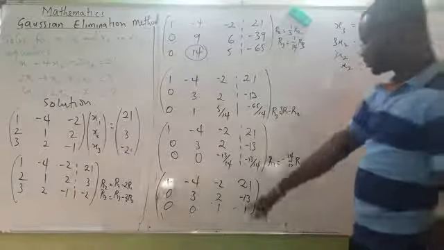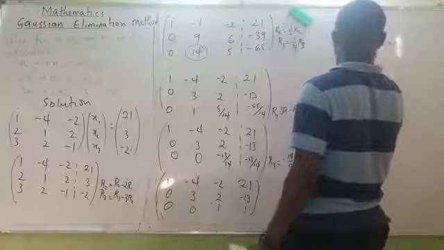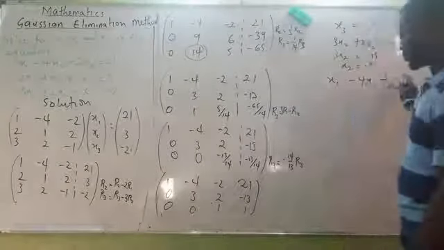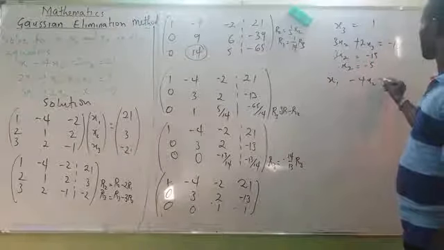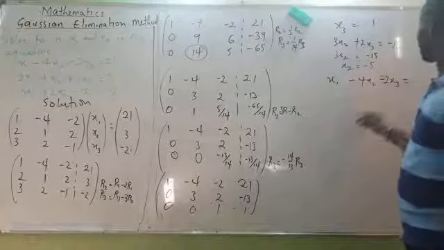Now, I'll also move on to the next one. x1 minus 4x2 minus 2x3 equals to 21.